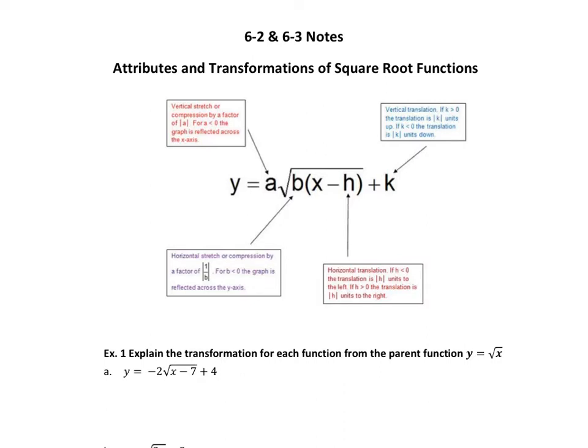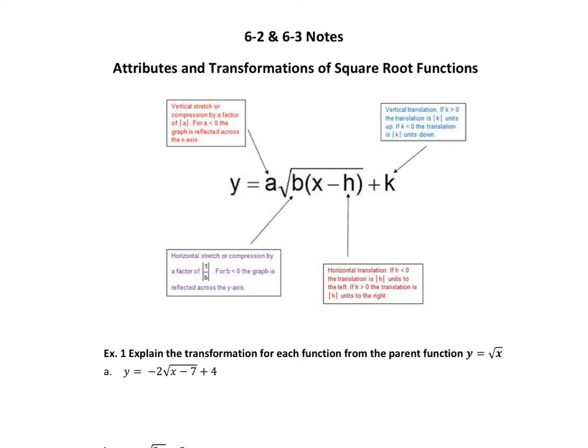So if you'll recall, at the very beginning of the year, we talked about what A, B, H, and K all represent. A is going to be vertically stretching or compressing. If you see a number outside, or if you see a negative, you're vertically stretching or compressing, and then you're also reflecting across the x-axis.